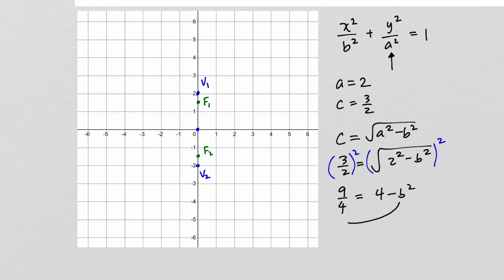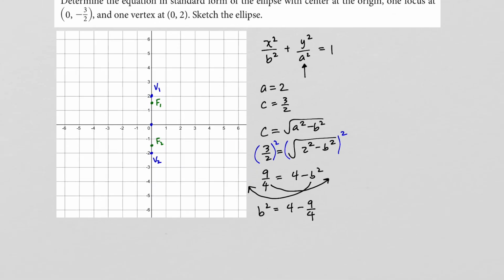Now I'm going to add b squared to the left side and subtract 9/4 from the right side. That's going to give us b squared equals 4 take away 9/4. Remember that 4 is 4 over 1, so if I multiply to get a common denominator, I have 16/4 take away 9/4, which is 7/4.